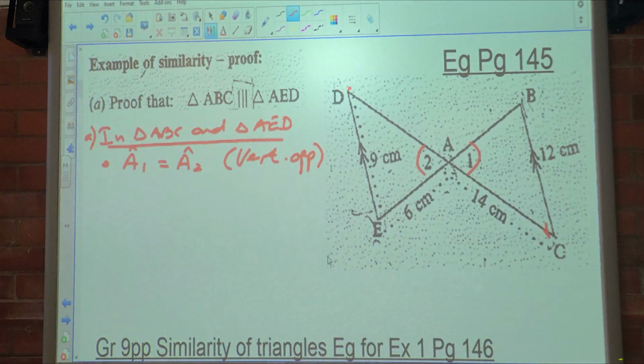So, how many angles do I still need to prove are equal? One more. Why? Because I need two. The third one automatically will be equal. So which other angle is equal here? Yes.